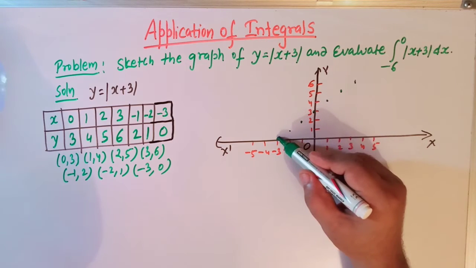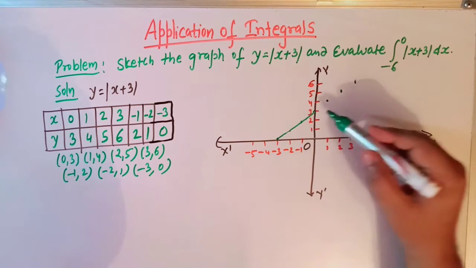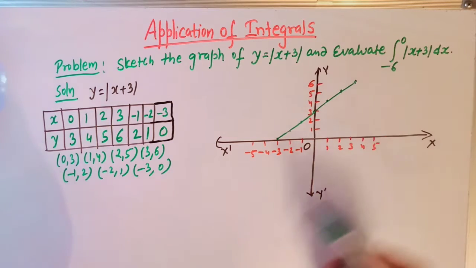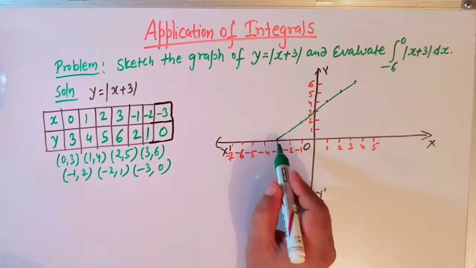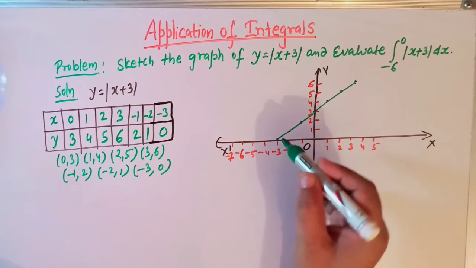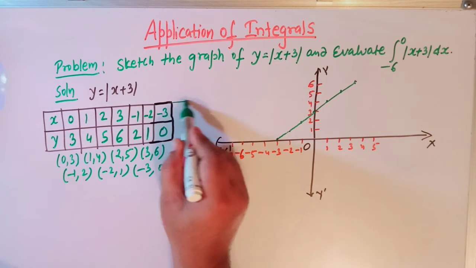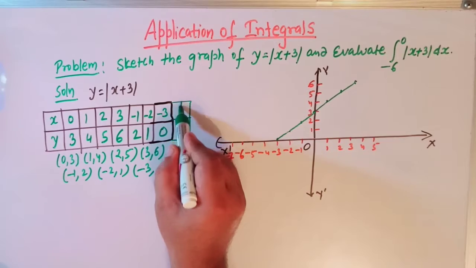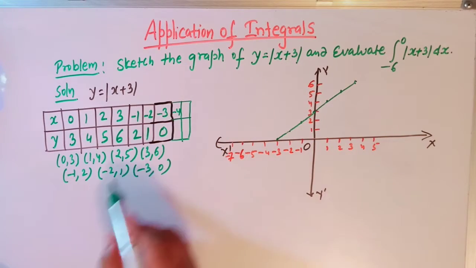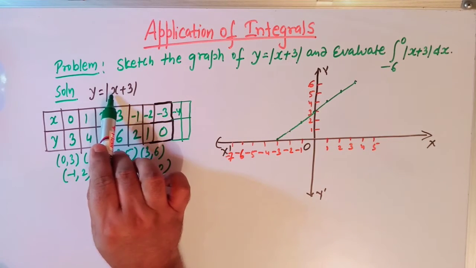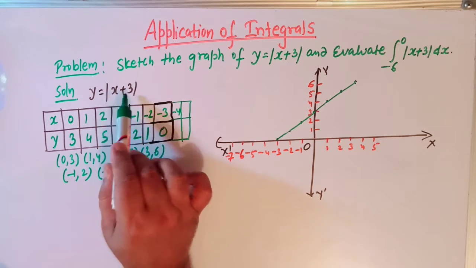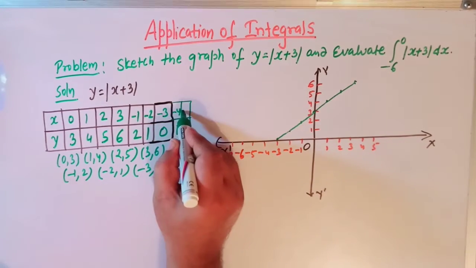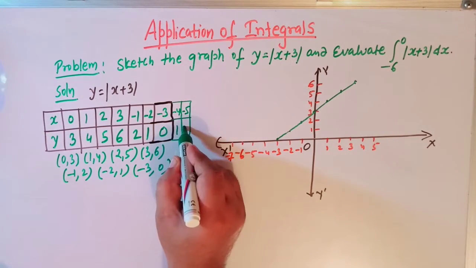So here we have a line like this, and the other line which we get is like this, because if we further plot the points, taking minus 4 for x, we have mod of minus 1, which is equal to 1. Then for minus 5, we have 2.